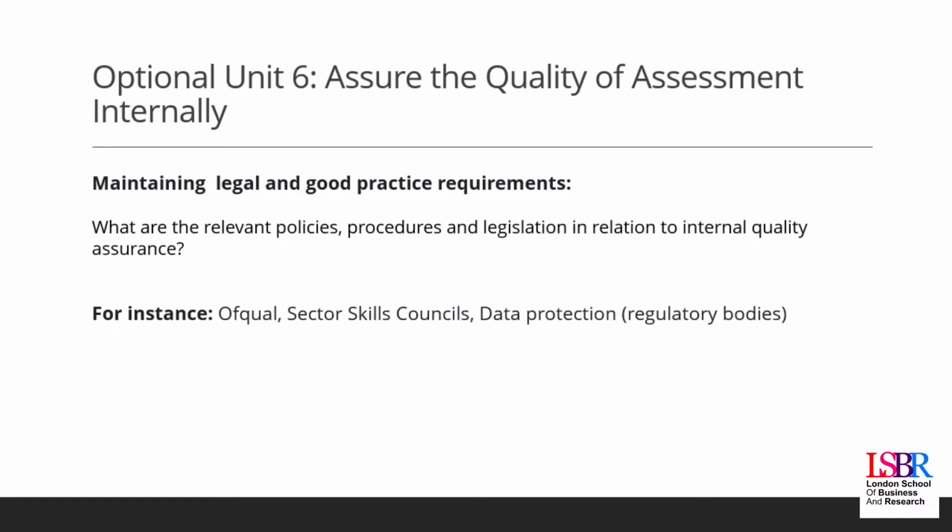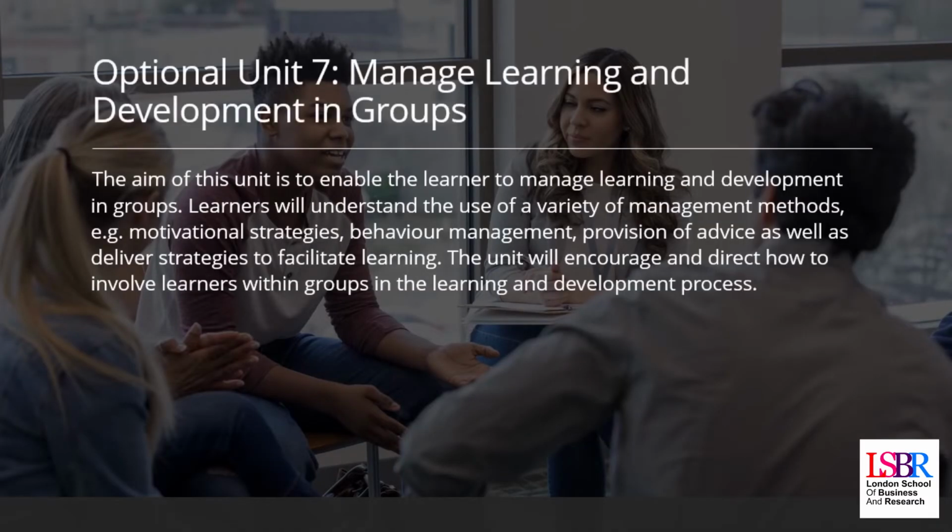So now we're going to talk about Unit 7, which is, as I just said, managing learning and development in groups, and then we're going to transition to the final unit, which is Unit 8. And again, taking Unit 6 and Unit 8 together could actually be quite helpful. But first things first, let's have a look at optional Unit 7.